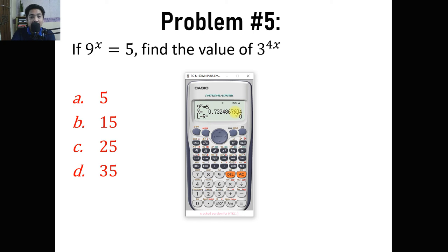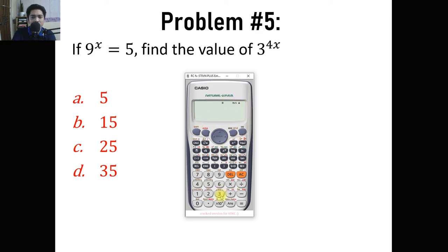Now, that is not the correct answer. That is not what we are trying to find in the problem, but the value of 3 raised to 4 times x. Our answer is recorded already from our shift solve, so we can use this instead of writing the whole number.